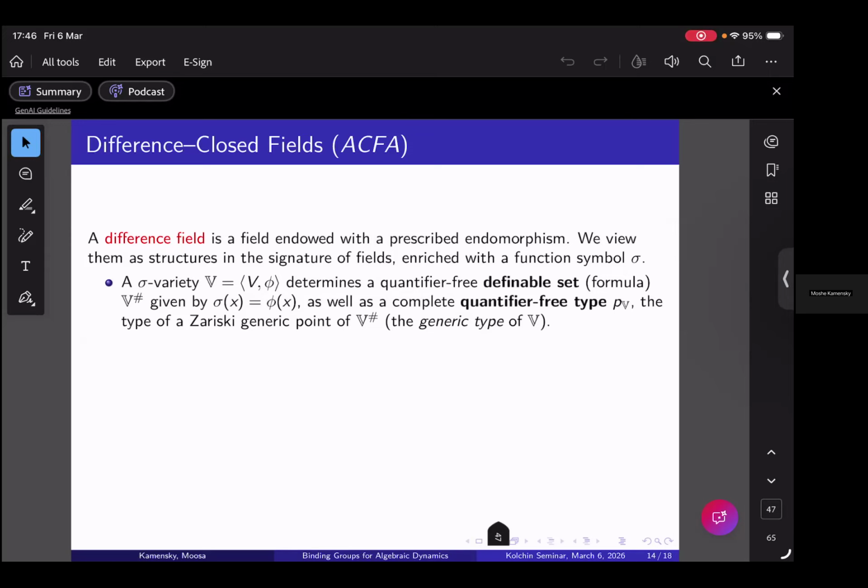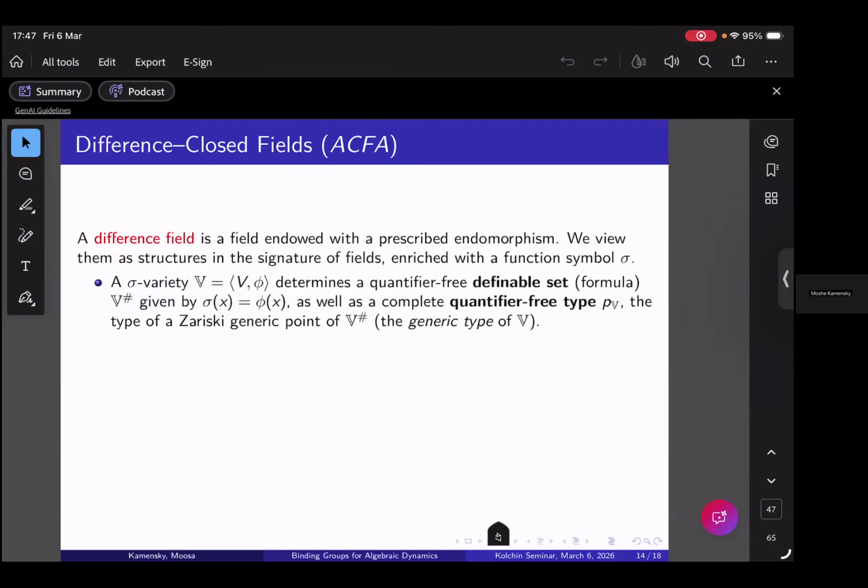So we look at generic points, generic in the Zariski sense, that satisfy these equations. So we have a canonical quantifier-free type associated to V, which we call the generic type of V.